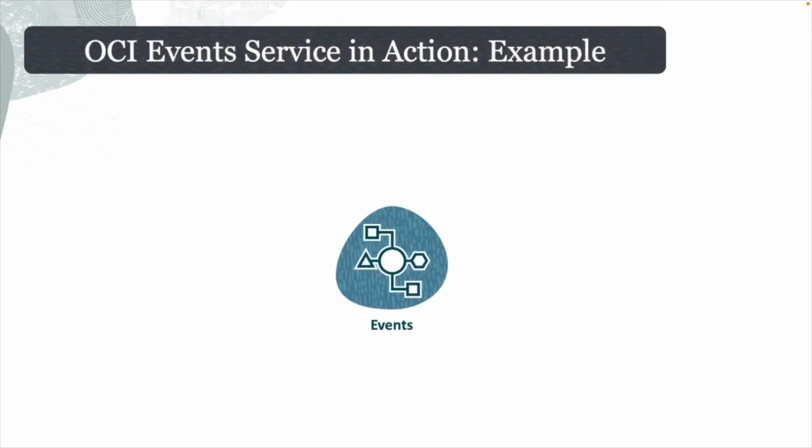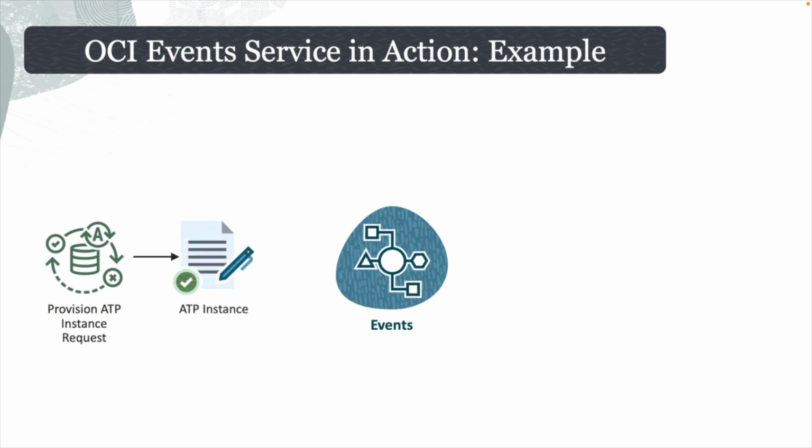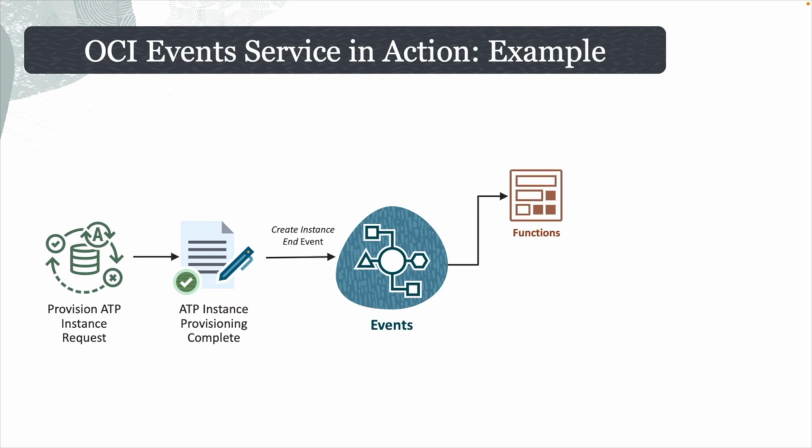Here is an example with an end-to-end workflow of the event service with an action. We start with the request to provision an Oracle Autonomous Transaction Processing Database instance, and once the provisioning succeeds, a create instance event is received by the event service. Now a rule has been created on that event, which then triggers an action to invoke OCI Functions.